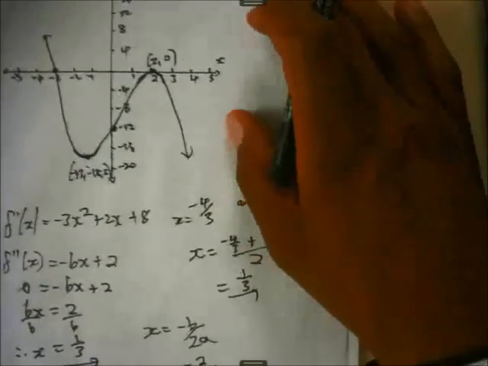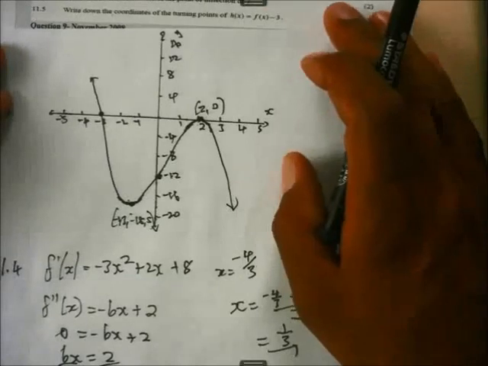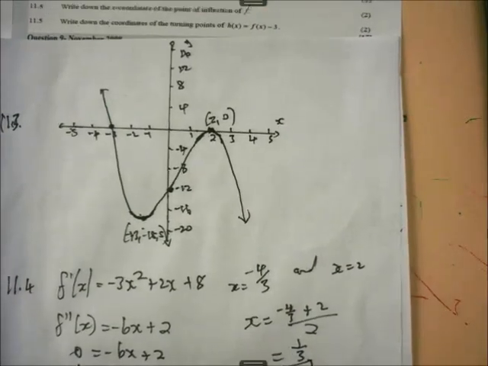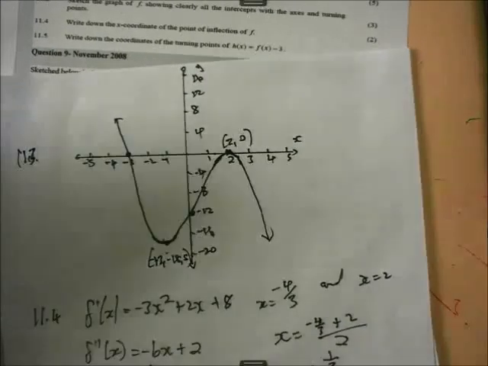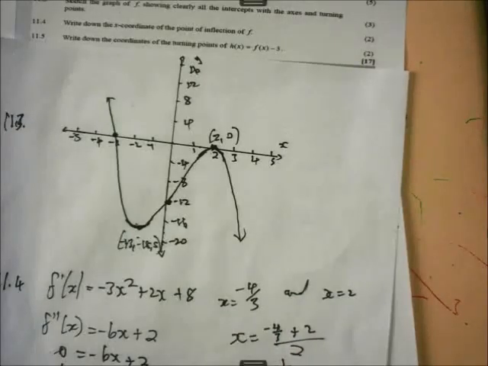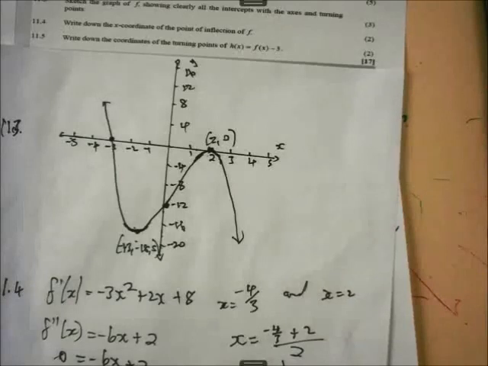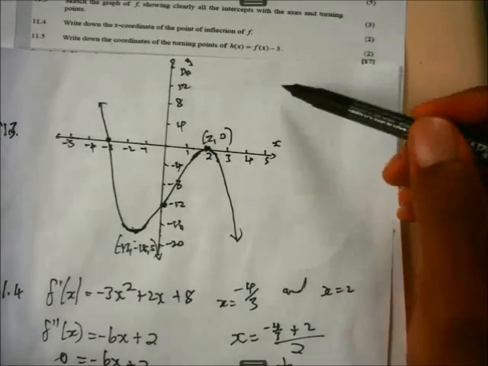Right, boys and girls, the last question here says, write down the coordinates of the turning points of h, where h of x is equal to f of x minus 3. It means h is our new function, where h of x is equal to f of x minus 3. Of course, you'll agree with me that this is a translation, a vertical movement.